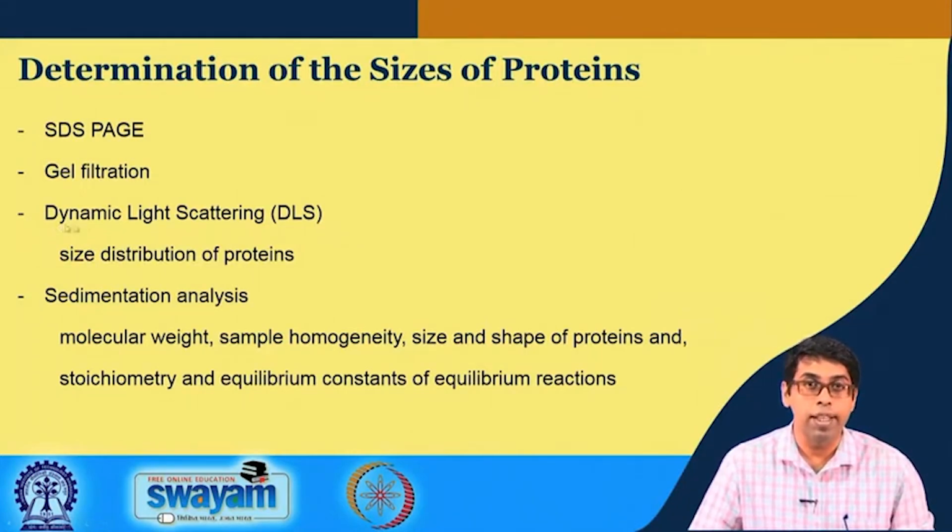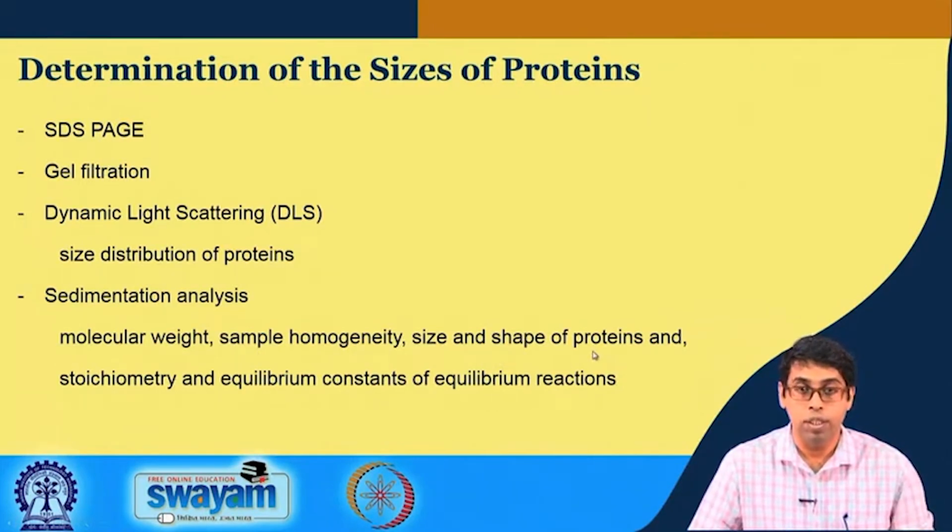One of them is dynamic light scattering, which gives you the size distribution of your molecules in solution. Another experiment that is used, but again these experiments are much more difficult to do than SDS page and gel filtration, is sedimentation analysis. It will give you an independent measure of the molecular weight. It will also tell you the sample homogeneity, and the size and shape of the protein.